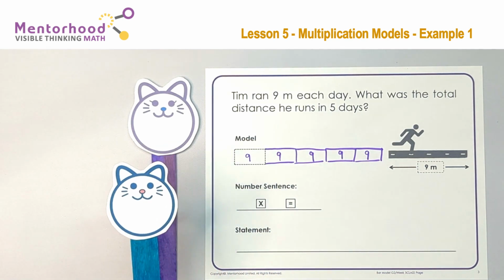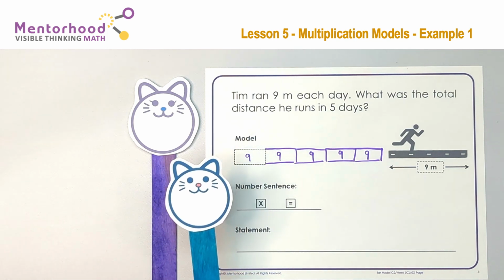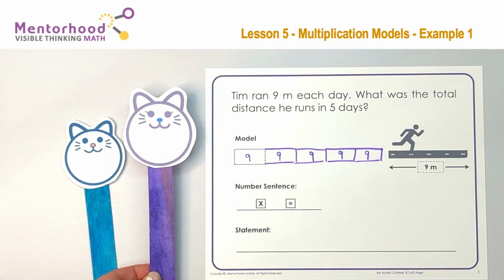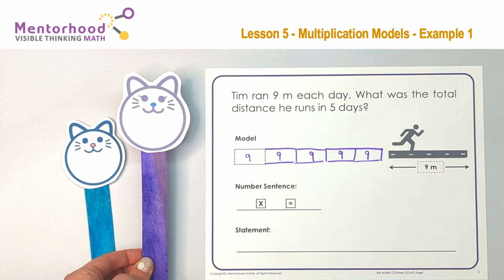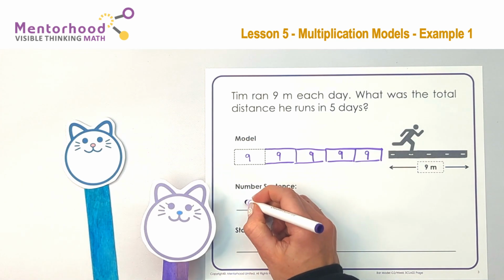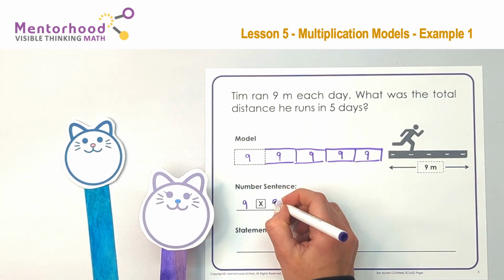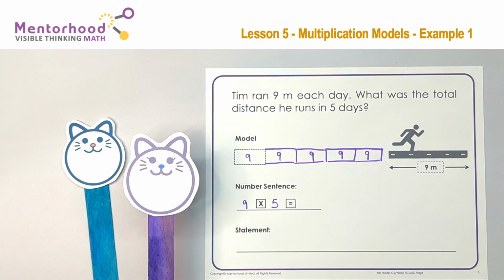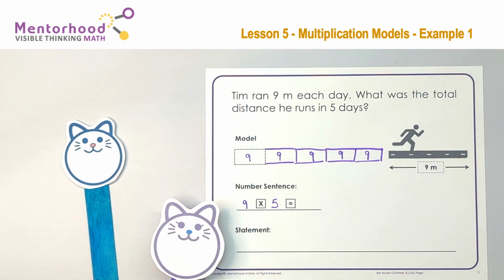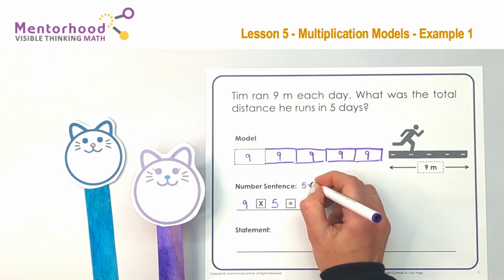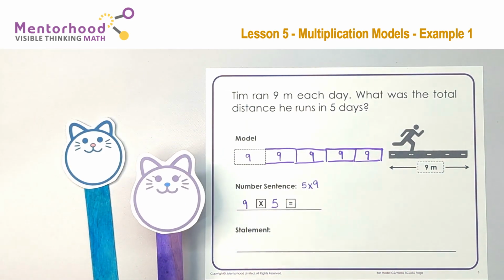So we've got 5 groups of 9, right? That's exactly correct. Okay, let's write that in a multiplication sentence. 9 times 5. Or, who can tell me what is the exact same as 9 times 5? 5 times 9. That's right.